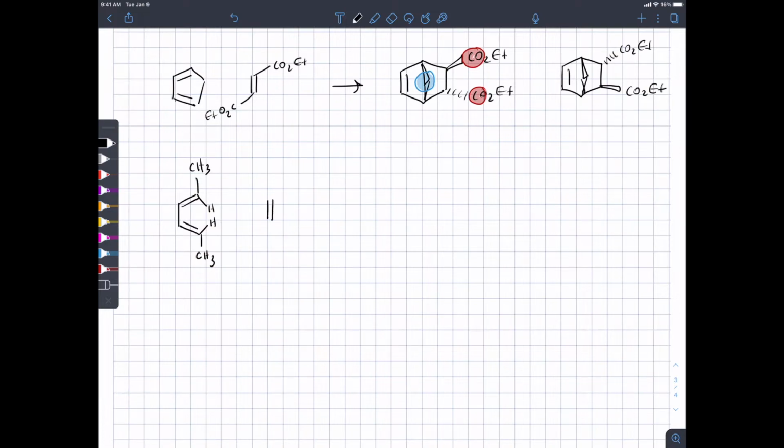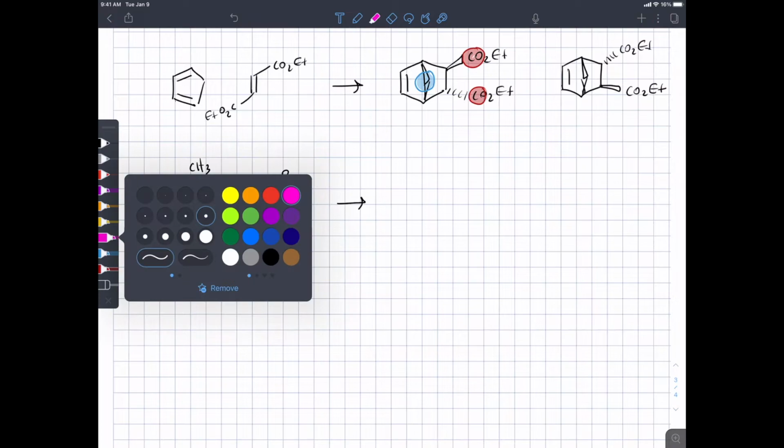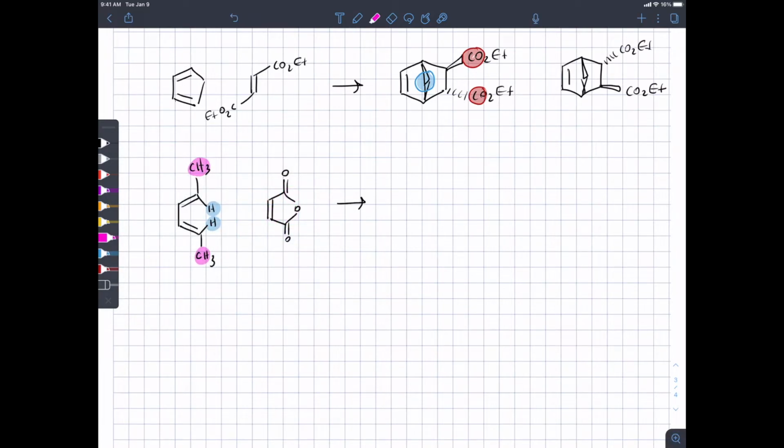And then let's use this olefin. All right. So again, groups that are inward, groups that are outward on the diene, and then groups that are cis to each other on the olefin.